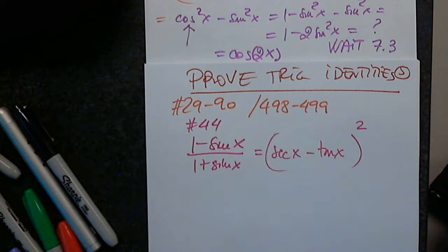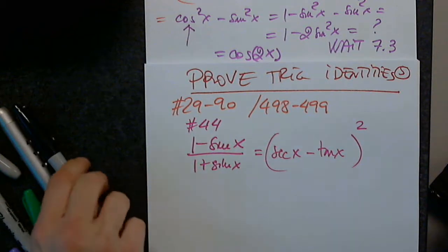Now I have to make a decision. Where do I start? And the answer is left or right. Look carefully. You want to start with the most complicated one, because it's difficult from nothing to get this, but it's easier to get from here to almost nothing.